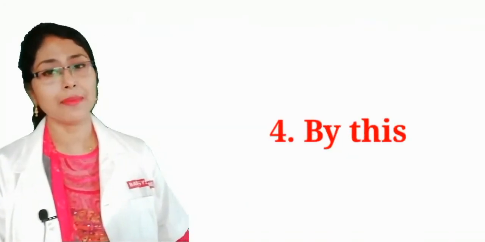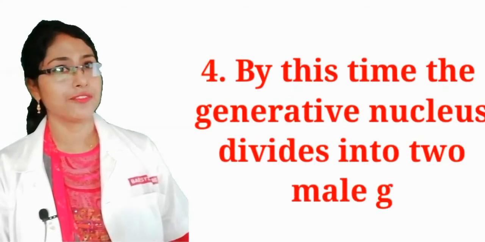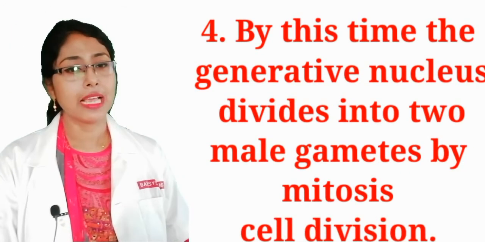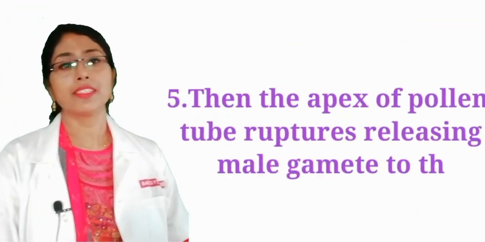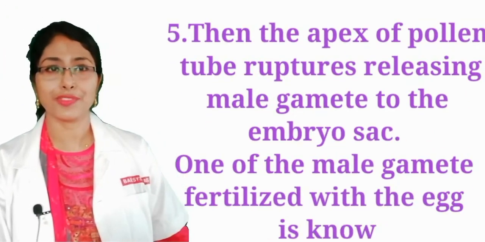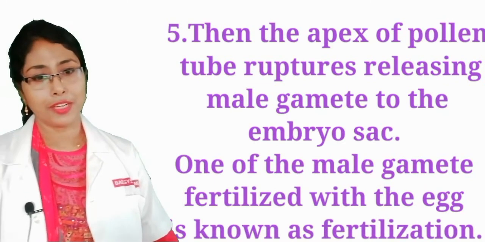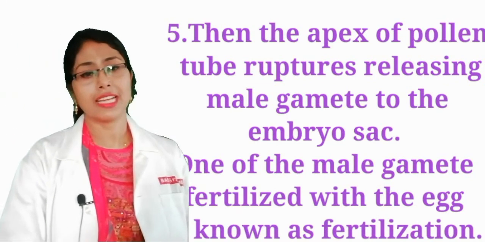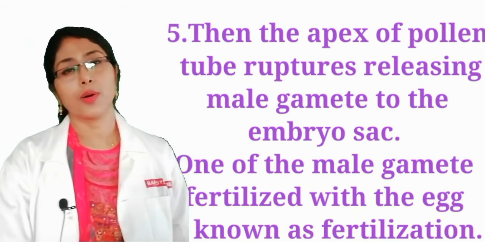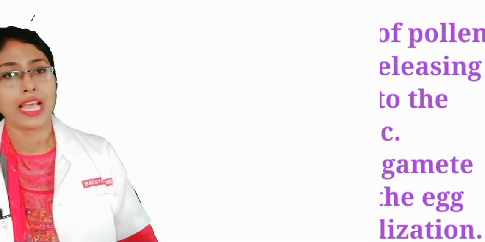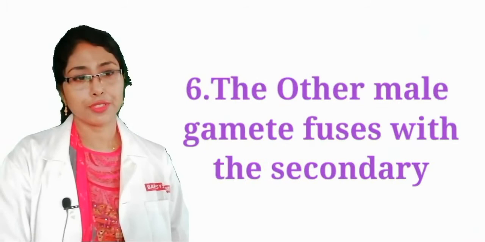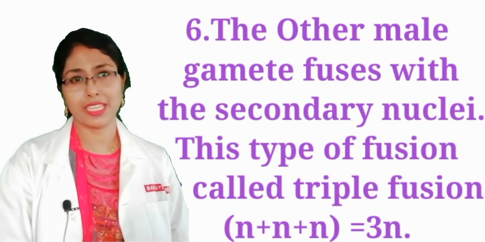By this time, the generative nucleus divides into two male gametes by mitotic cell division. Then the apex of the pollen tube ruptures, releasing male gametes into the embryo sac. One male gamete fuses with the egg, which is known as fertilization. The other male gamete fuses with the secondary nucleus.